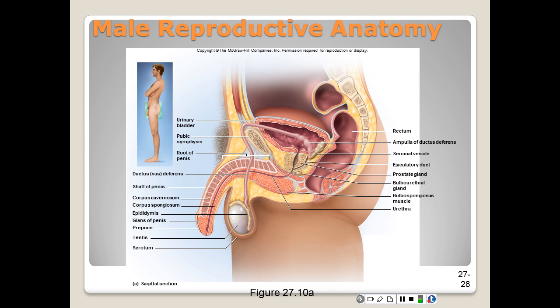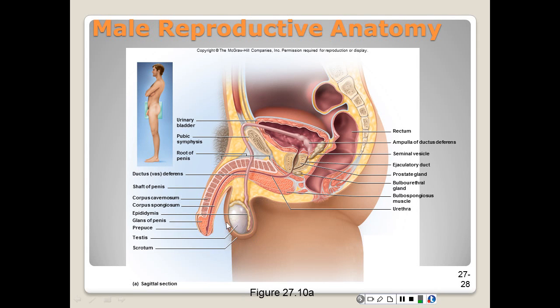Now the scrotum, which is what we're looking at here, is like a pouch of skin, like a little pendulum of skin, muscle, and of course fibrous connective tissues, and it contains the testes.